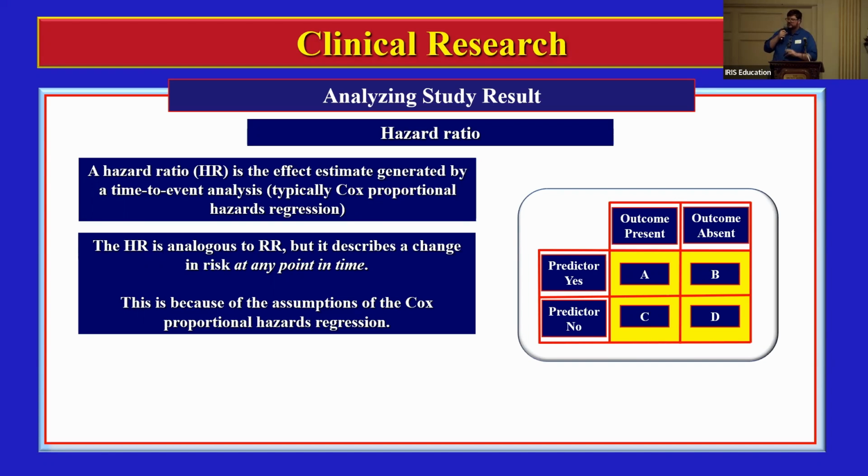And so if we have a predictor variable, then the hazard ratio would be, at any point in time, the increased risk of experiencing that event. A lot of times we think of time to death, time to mortality, and survival analysis. So if someone has a hazard ratio of 1.2, that would mean that they are 1.2 times more likely to die at any given point in time.